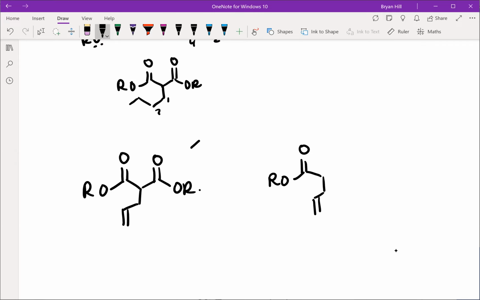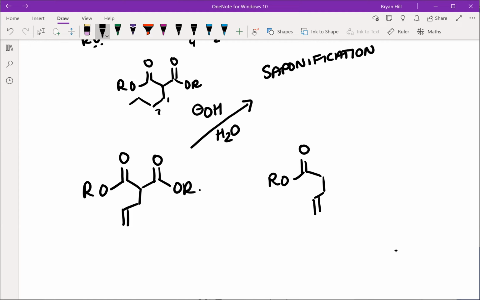So remember, if you have an ester and you react it with a base in water, an aqueous base, this reaction is basically called a saponification. It's a hydrolysis where we're converting the ester into a carboxylic acid.